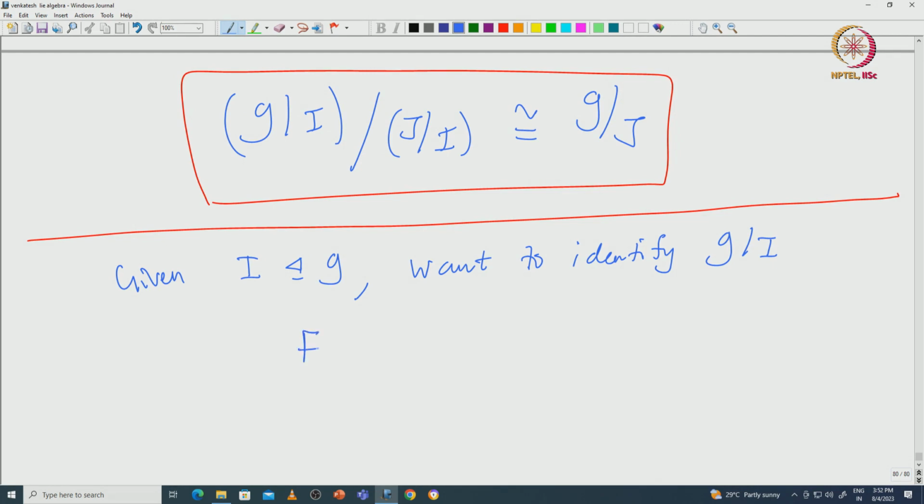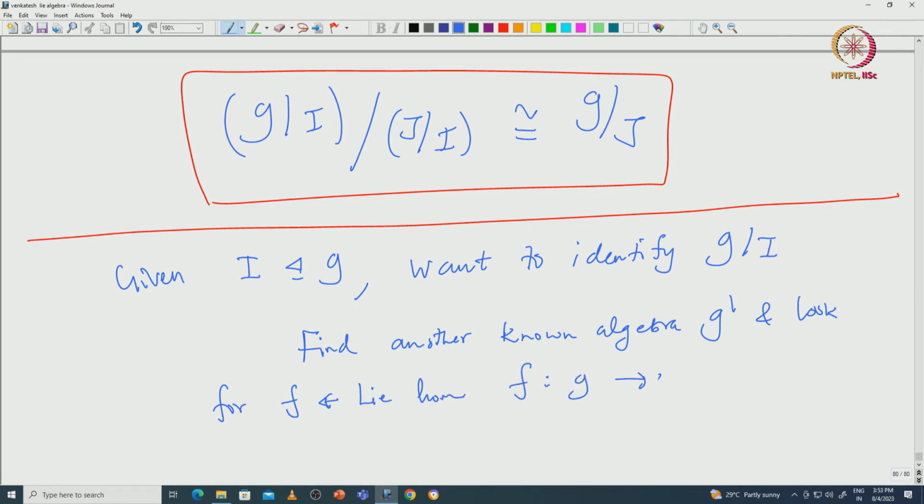So, find another known algebra, call it G dash, and look for a map f, which is a Lie homomorphism from G to G dash such that the kernel of f becomes I. Okay. So, that will imply G modulo I is isomorphic to something which sits inside G dash.